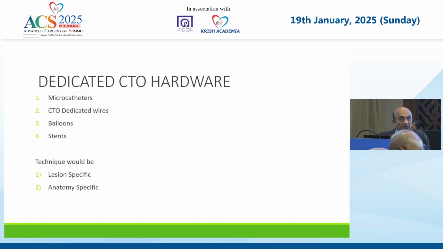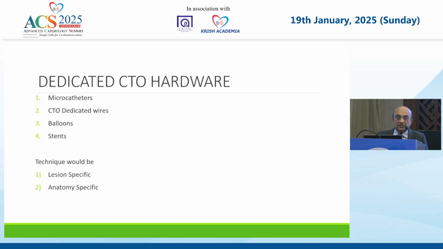And thirdly, you yourself must make a self-assessment of whether you would be able to successfully do this CTO or not. Without that, I think you should not. If your success rate is 70% and above without producing myocardial infarction or death, then I think you can make an attempt to do a CTO.